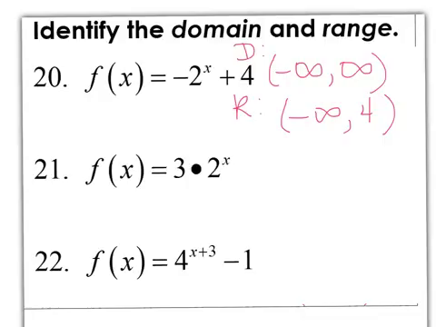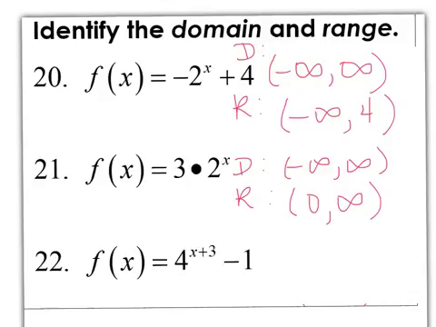In number 21, our domain, all real numbers. And our range will be from 0 to positive infinity because our k is 0 and our a is positive.